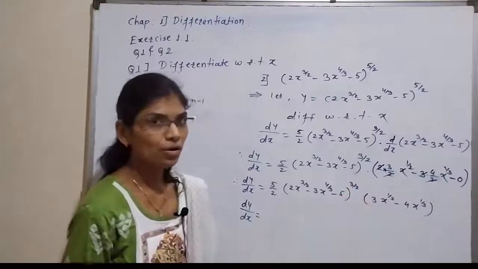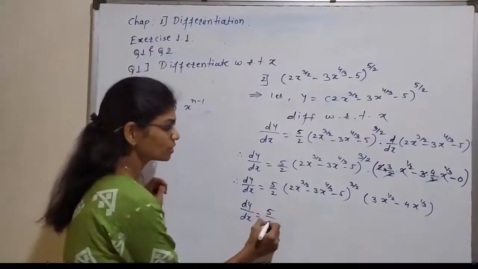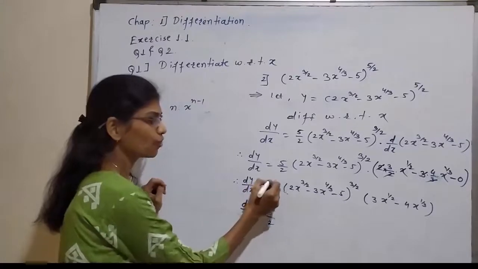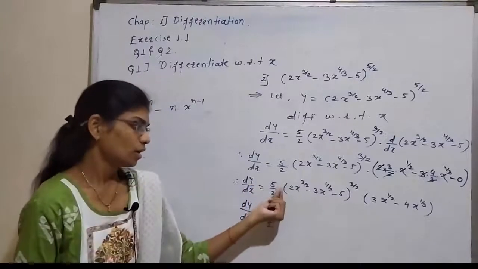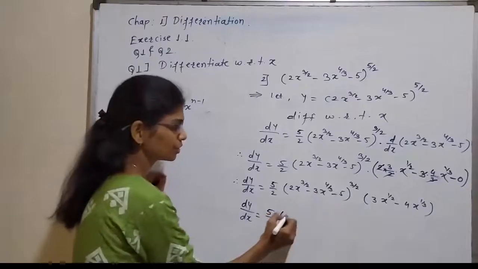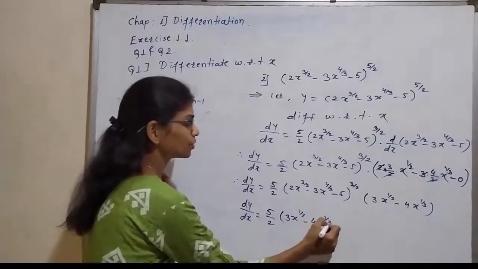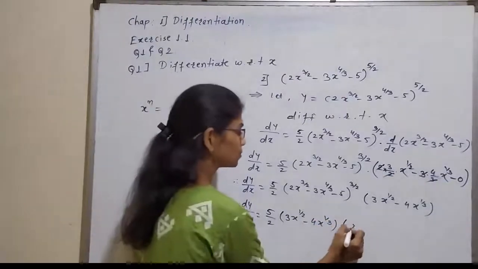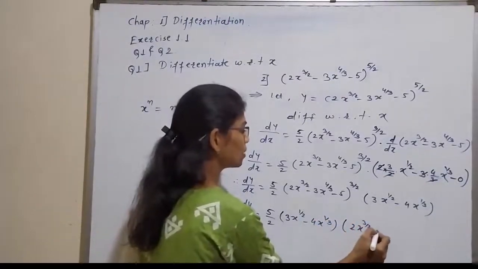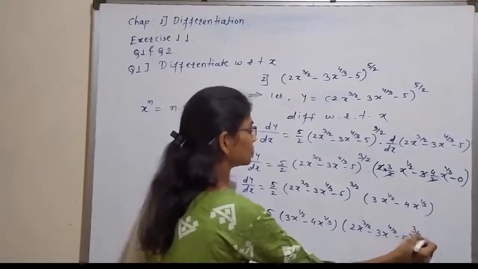By increasing order of index we can write the answer in constant multiplication form: 5 by 2 in bracket 3x raised to 1 by 2 minus 4x raised to 1 by 3 multiplied by 2x raised to 3 by 2 minus 3x raised to 4 by 3 minus 5 raised to 3 by 2.